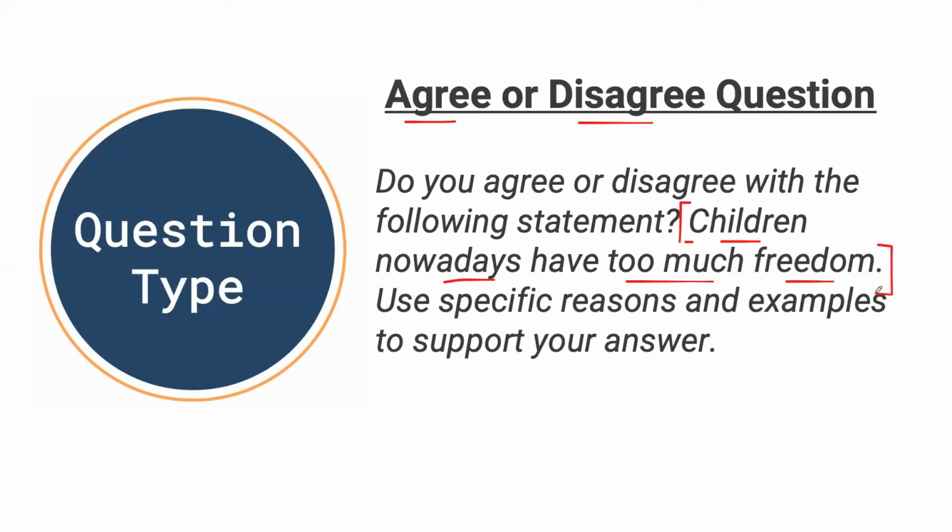So that means you'd have to say that children nowadays indeed have too much freedom. So just keep that in mind when you see a statement that has something like too much or too many. You could think about whether it's enough, too little. And so these are definitely aspects that would affect your answer. So keep this in the back of your mind. We're going to come back to it in just a minute.